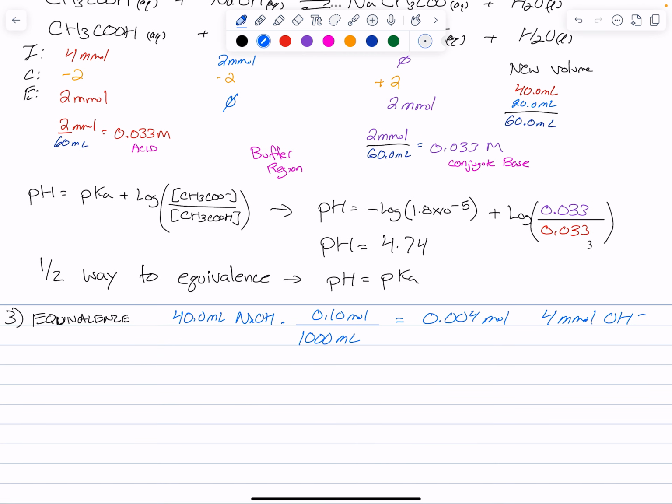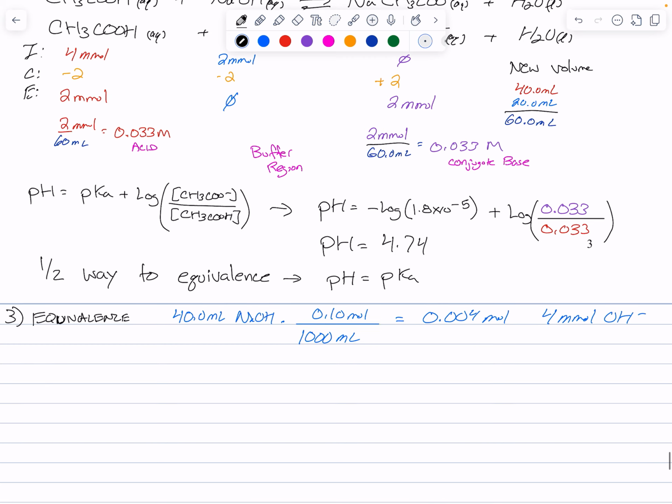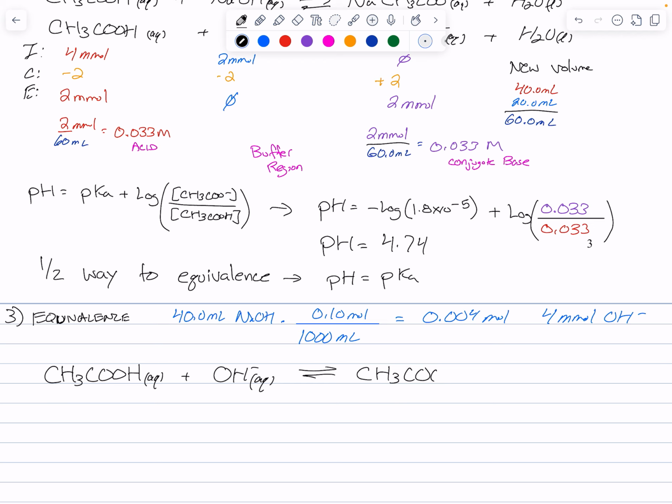Net ionic equation again: CH3COOH plus our hydroxide gives acetate and water.